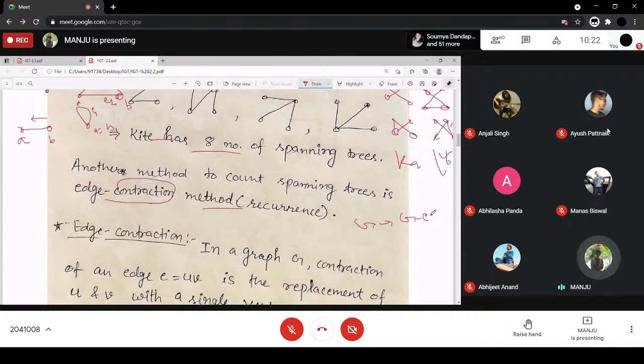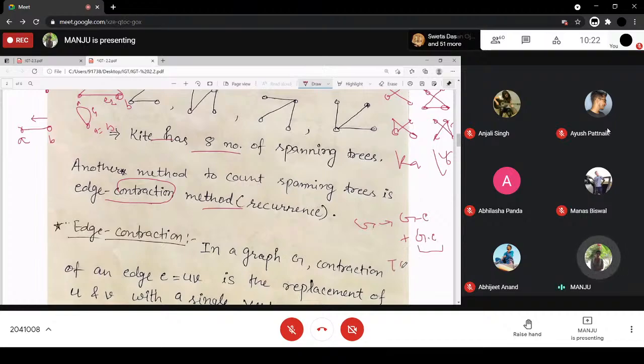We will delete it from G and we will contract it in G. Whenever edge contraction is happening, the edge E is getting contracted in the graph G. We denote it by G dot E. G minus E is the deletion of edge E from G. Clear? So we transform this G into G minus E and G dot E, and then what do we do?